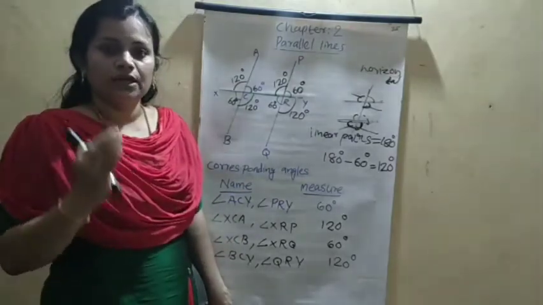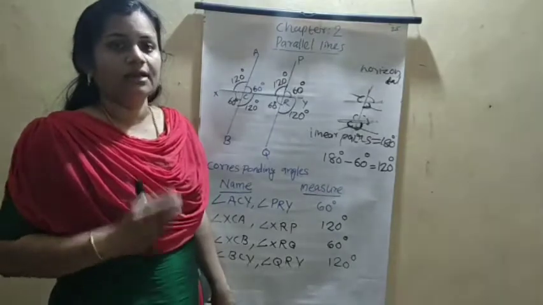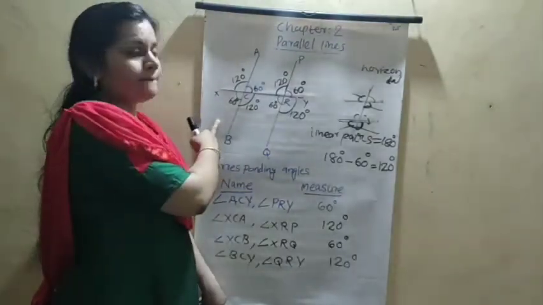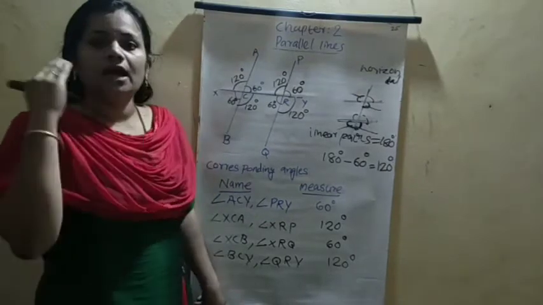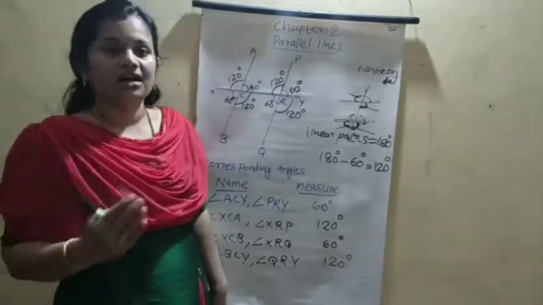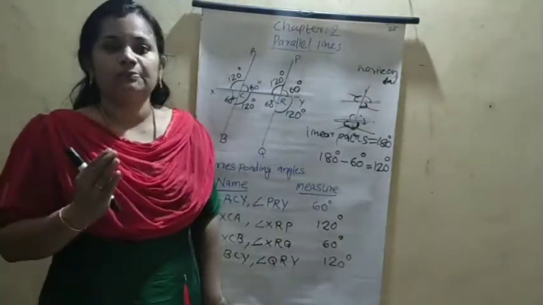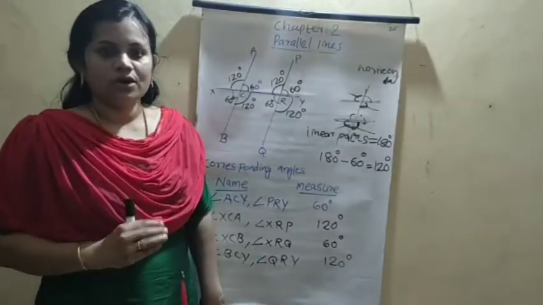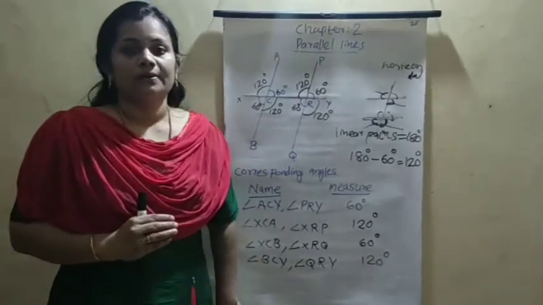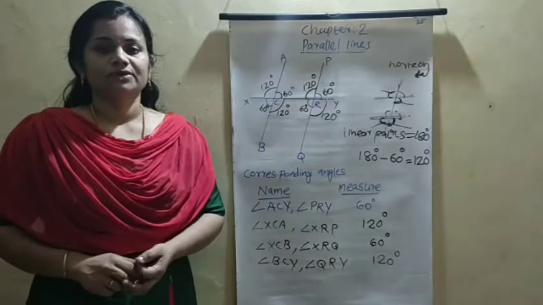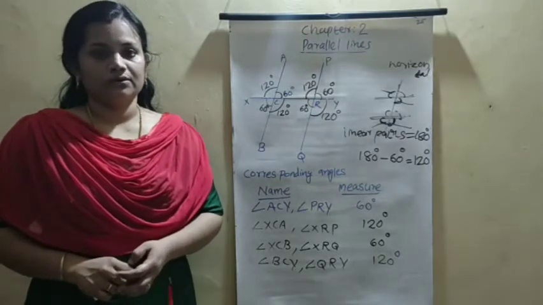After watching this video, take one piece of paper, copy this figure, find all the measurements of the angles, and then write all the pairs of corresponding angles. I hope you understood this. Do your work.